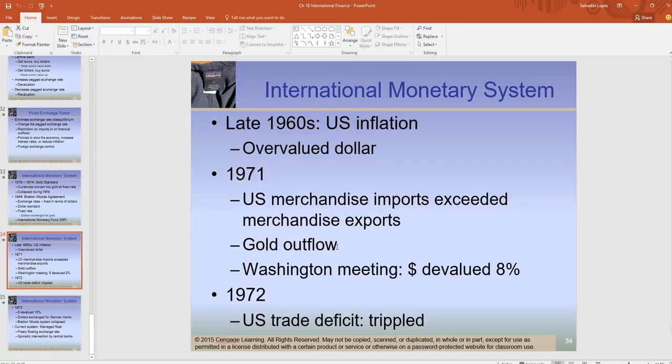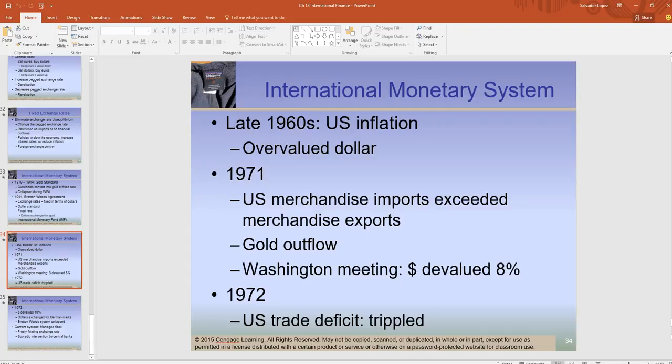I already explained this in the previous video. Whenever we have an increase in imports, then we have an outflow of money. In this case it was an outflow of gold. And that contributes to an increase in the demand for gold, which appreciates gold, but depreciates the dollar.